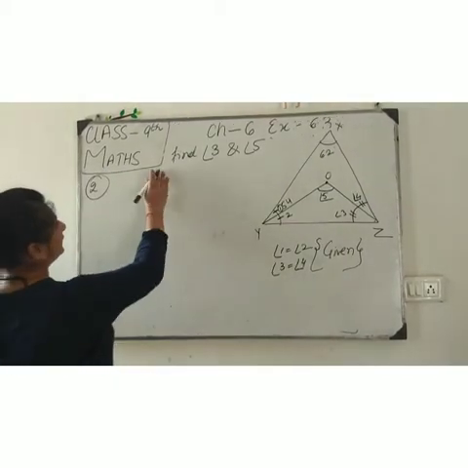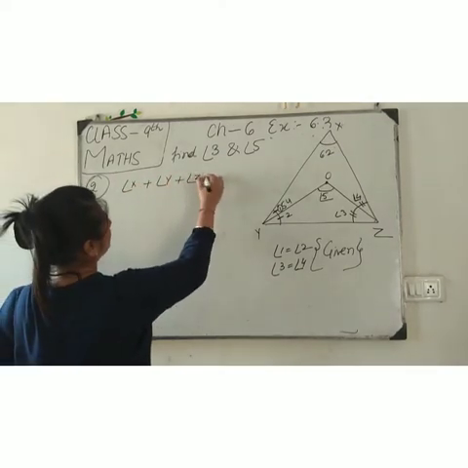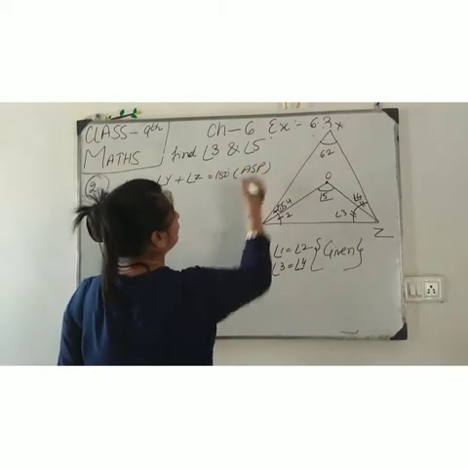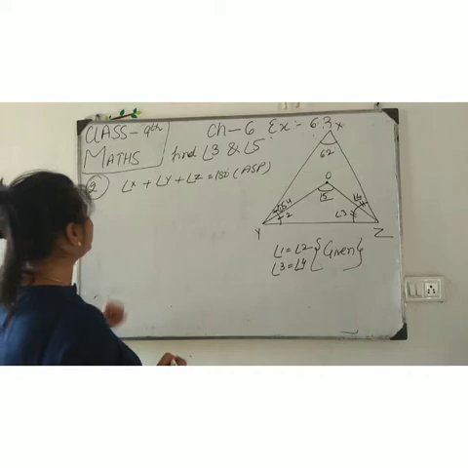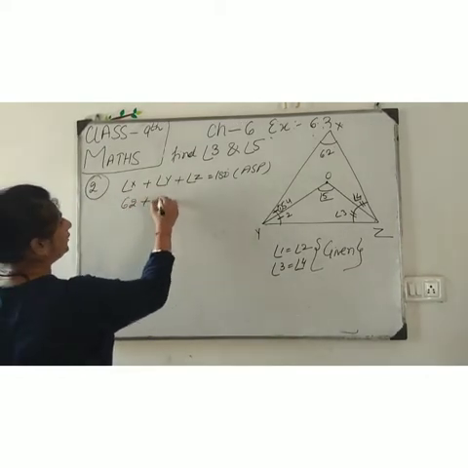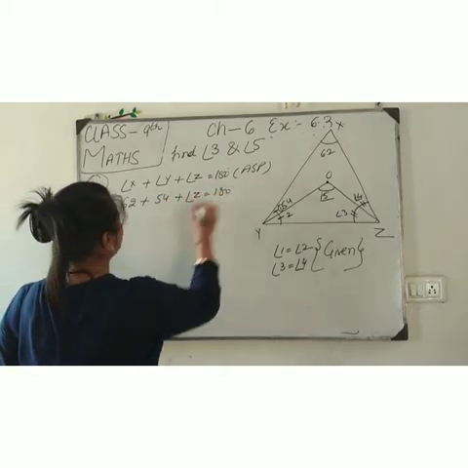First of all, in the triangle, angle X plus angle Y plus angle Z equal to 180 degrees. Reason: angle sum property, we already proved it in theorem 6.7. Value of X 62, value of Y 54, plus Z equal to 180 degrees.